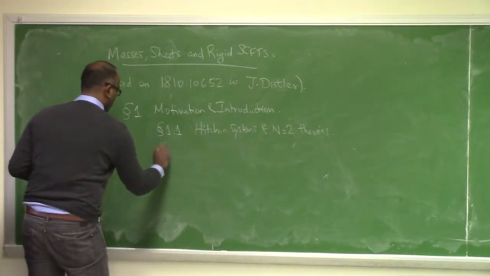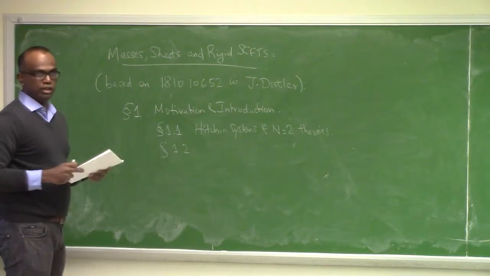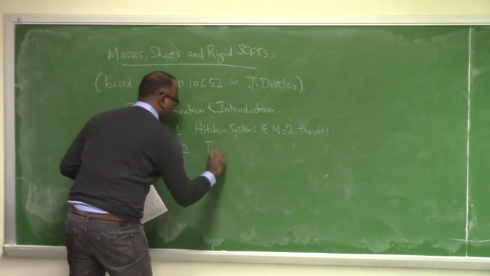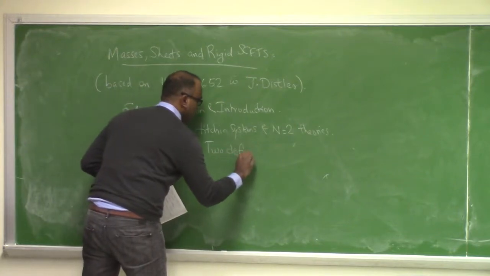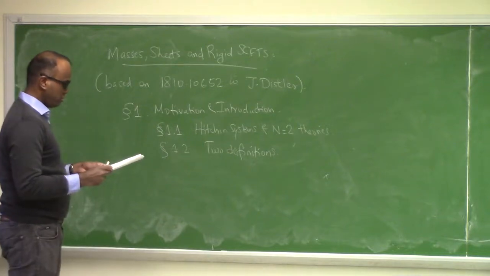In particular, we are interested in studying mass-deformed Seiberg-Witten geometries of n equals 2 theories. To that end, I will introduce two definitions. These will help us get a sharp definition of the problem.